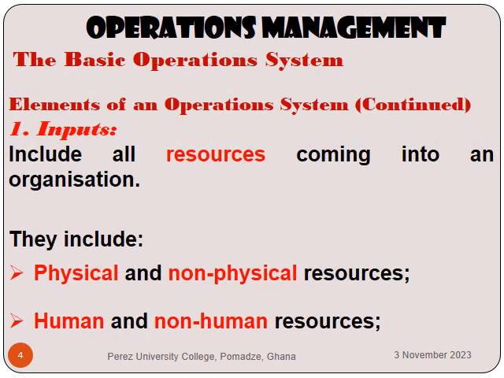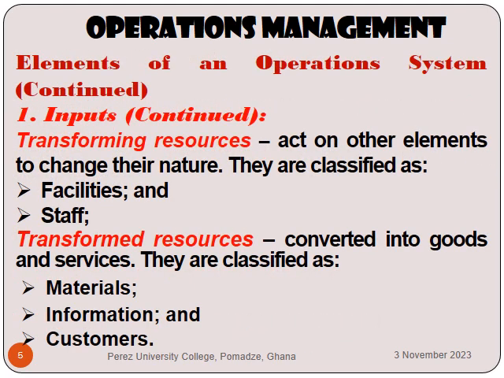Inputs are basically resources coming into the organization either to be processed or used in the processing of other inputs. They may be physical or non-physical, human and non-human. We have 2 types of inputs.